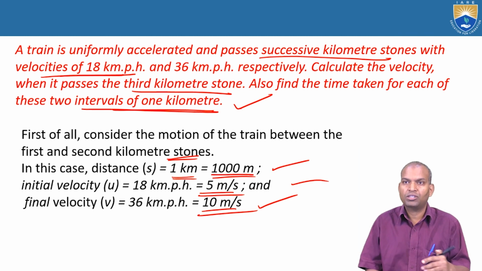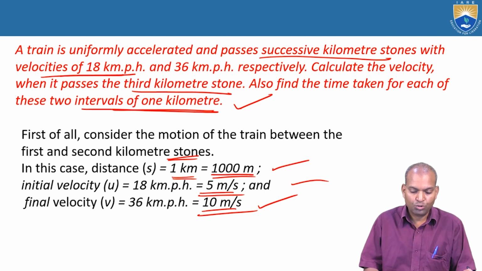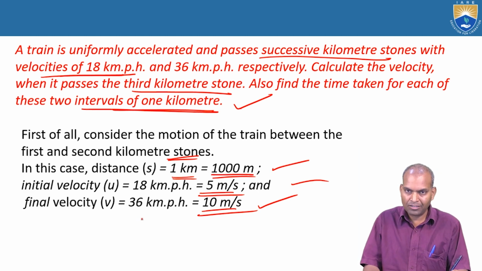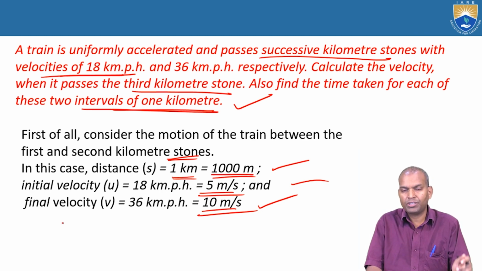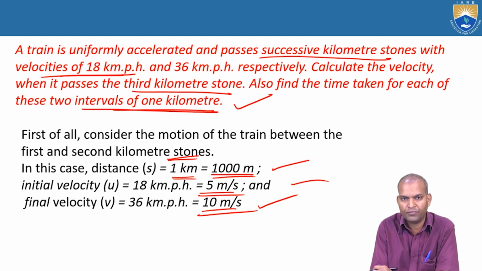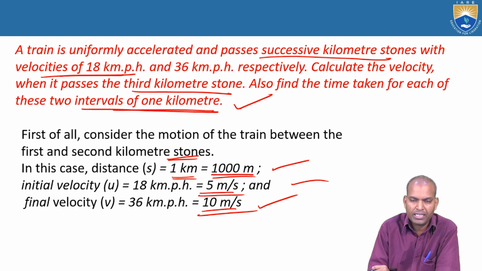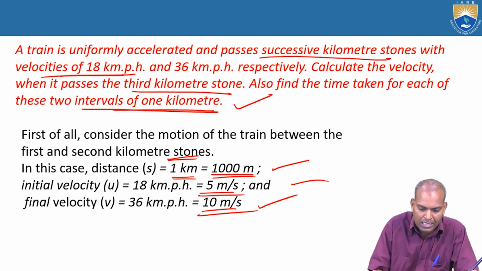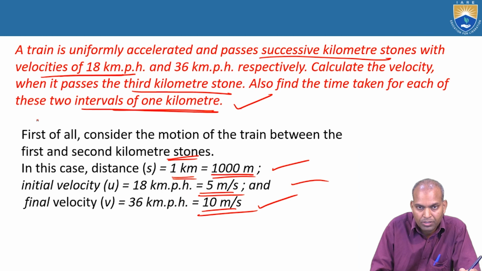We already calculated these by using two equations of motion, the first one, v equal to u plus at, and the third one, v square equal to u square plus 2as. Using these two equations, we calculated these three objectives: the final velocity, t1 and t2.